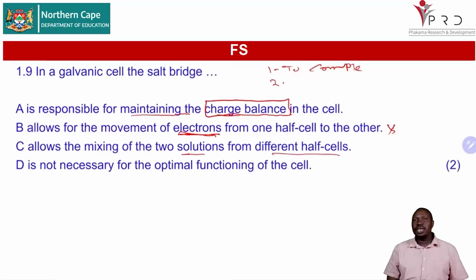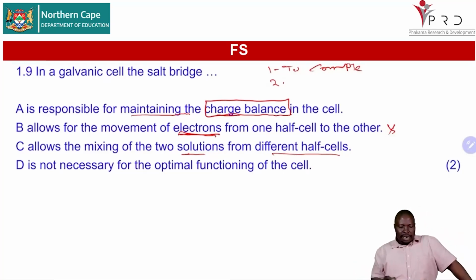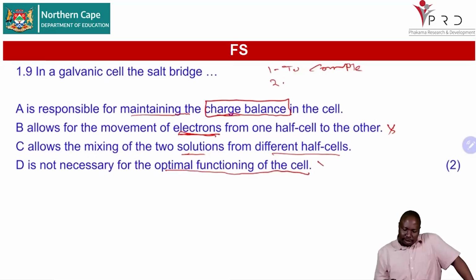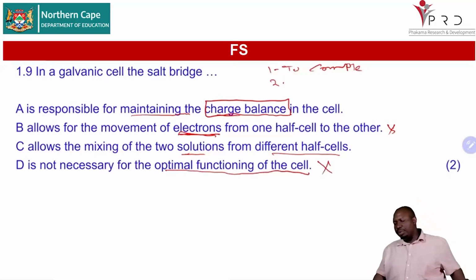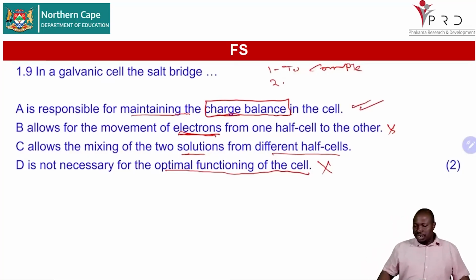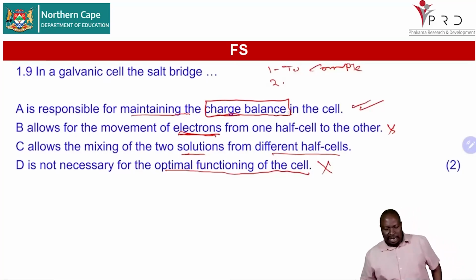No, that's not what we're doing. We're not mixing them, but it's maintaining neutrality. And then number D says the salt bridge is not necessary for the optimal functioning of the cell. This statement is wrong. Remember, without the salt bridge, the cell is incomplete. So 100%, number A is our answer, it is there to maintain electrical neutrality by maintaining the charge balance in the cell. So that is the 2 marks that you got for that question.